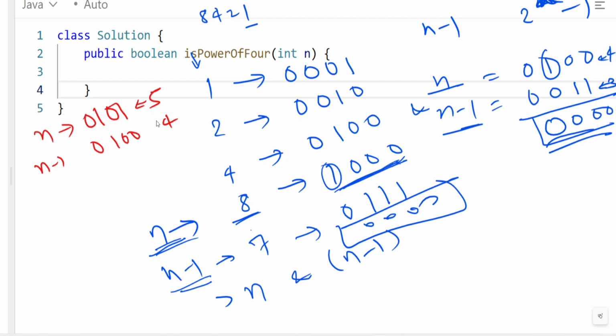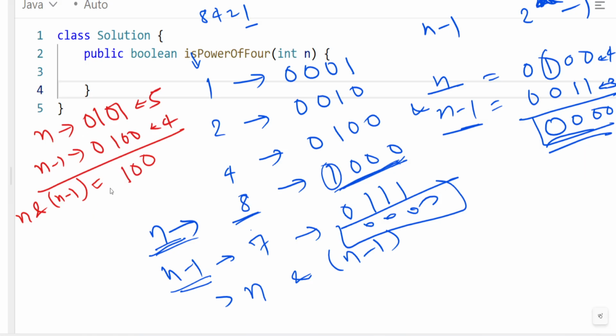If you represent 4 and 5 in binary and take the AND between n and n minus 1, what will happen? The 0 stays 0, the 0 stays 0, and 1 and 1 give you 1.